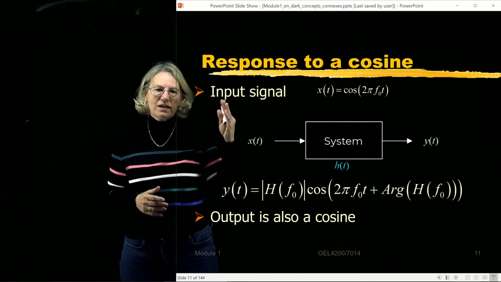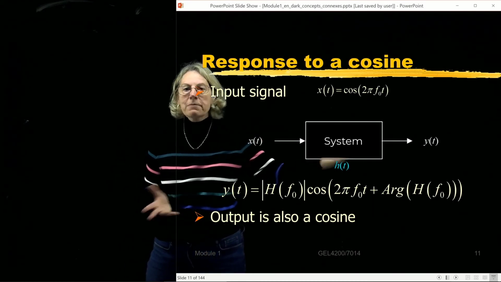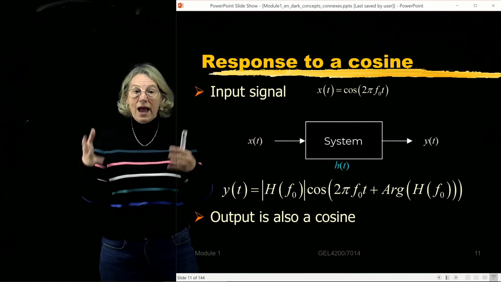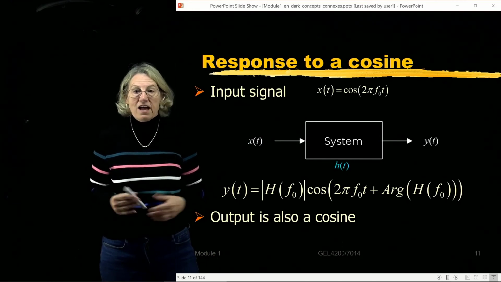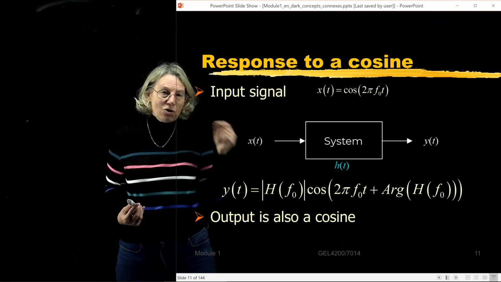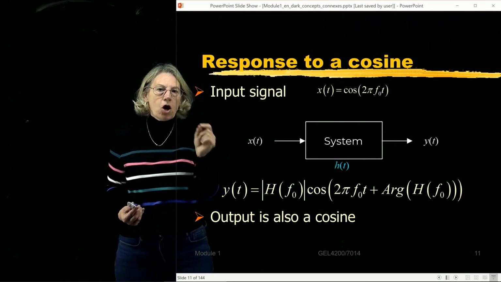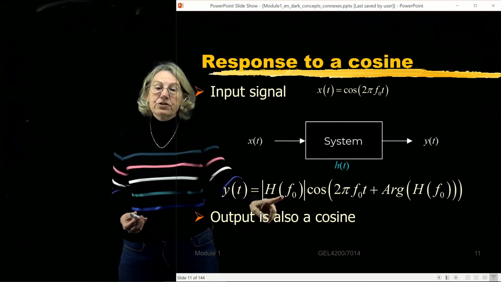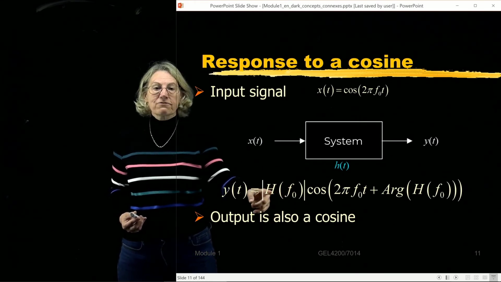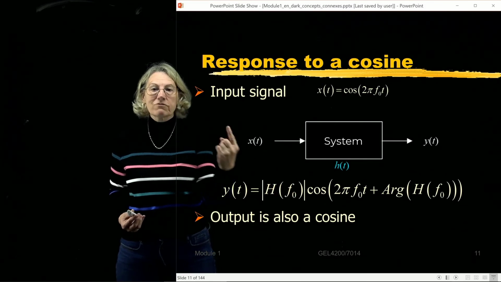So what happens when I put this cosine through this system? Well, what happens if we do the math is that I get another cosine out. The cosine can be changed, but the only way it can be changed is that its amplitude could be changed, and the amount that the amplitude will be changed is by the frequency response at that one frequency.